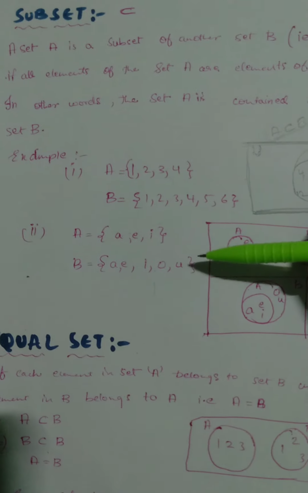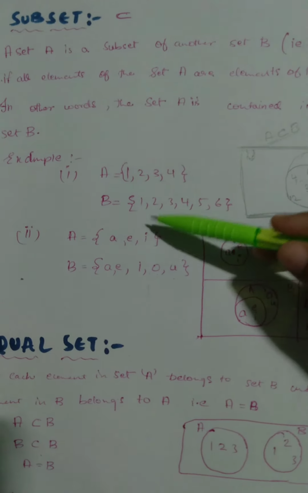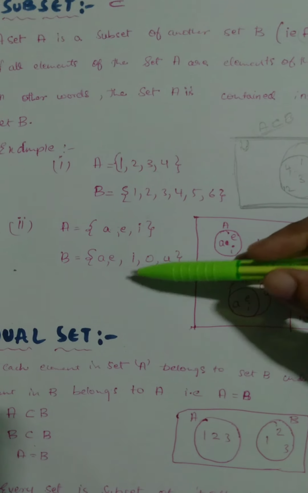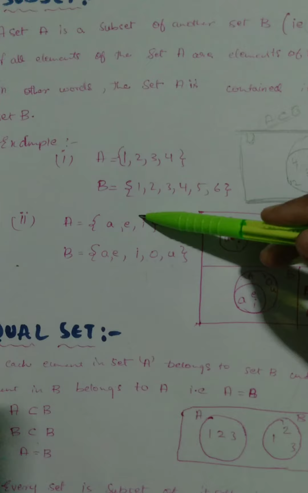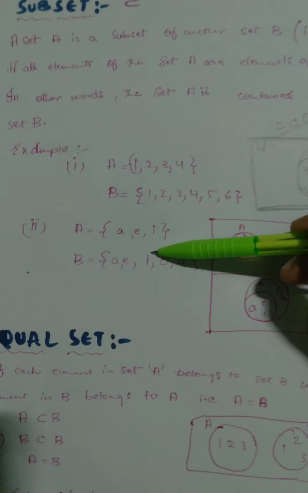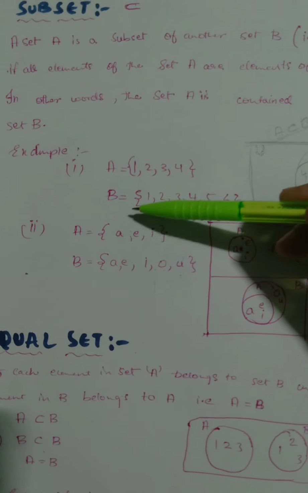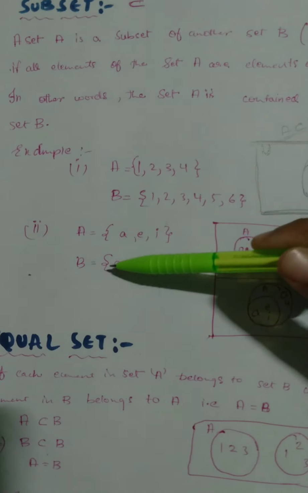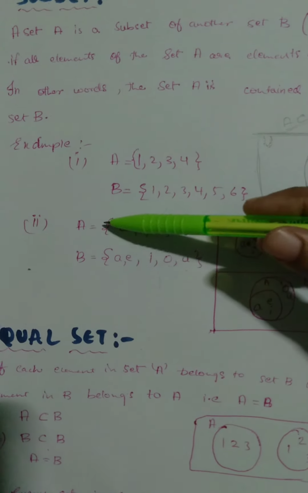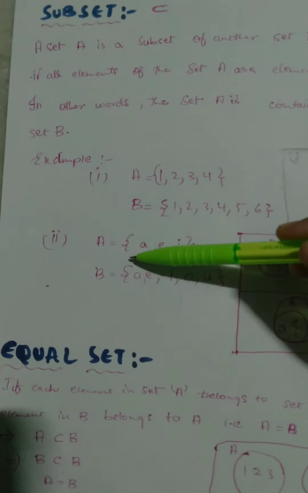No. Because O and U are not in A, we cannot say that B is a subset of A. All the elements of A, that is A, E, I, are in B, but all the elements of B, that is A, E, I, O, U, are not in A. A contains only A, E, I. So A is a subset of B, because all the elements of A are in set B.